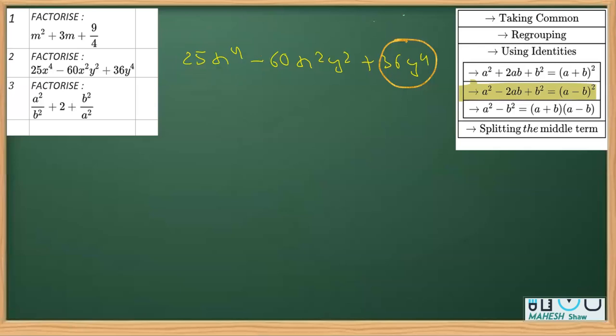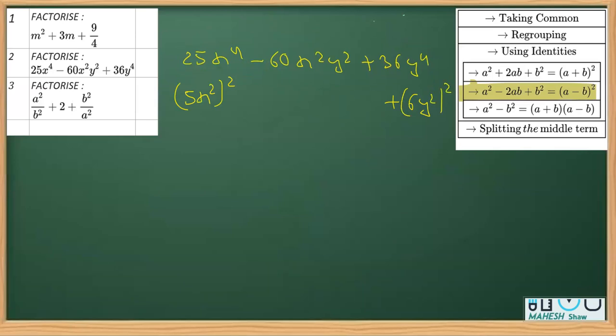So let's write this down. I can write 25 x to the power 4 as (5x square) whole square, right? So square of 5 is 25 and square of x square is x raised to the power 4. And this 36 y to the power 4 can be written as (6 y square) whole square.